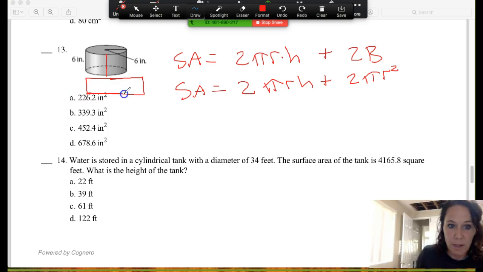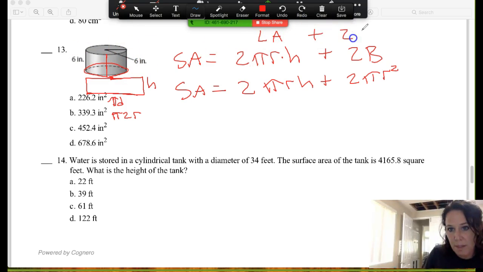Well, the base here is going to be here. The base is actually the circumference of the circle. See, right here. So the circumference of the circle is pi times diameter. Diameter is 2 radiuses, or pi times 2 radiuses. That is this, okay? And then the height here. So to get the lateral area, this is the lateral area plus 2 bases, okay?